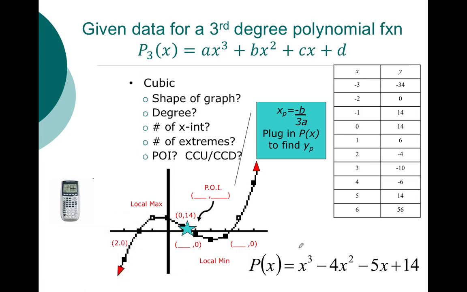This is ax cubed minus bx squared minus cx to the first plus d. So the x-coordinate of POI is negative, negative 4 divided by 3 times 1. So that's 4/3.